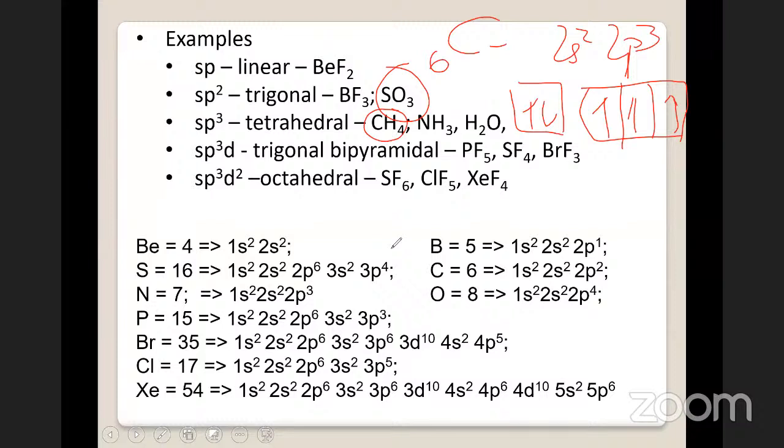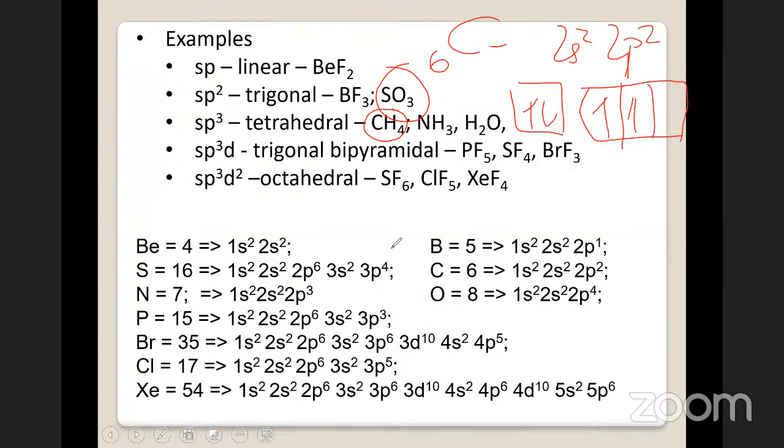It should be 2p2 and not 2p3. So I'll correct that quickly. So 2p2, and you have that.